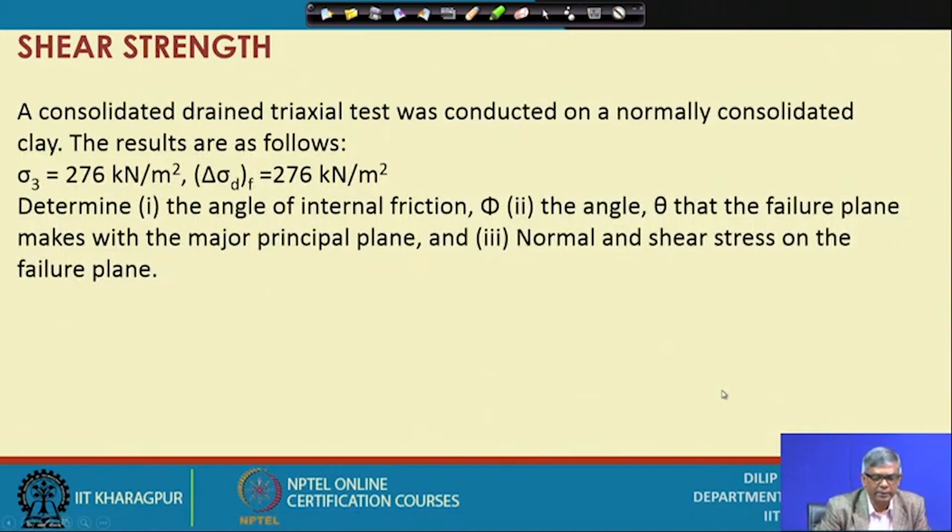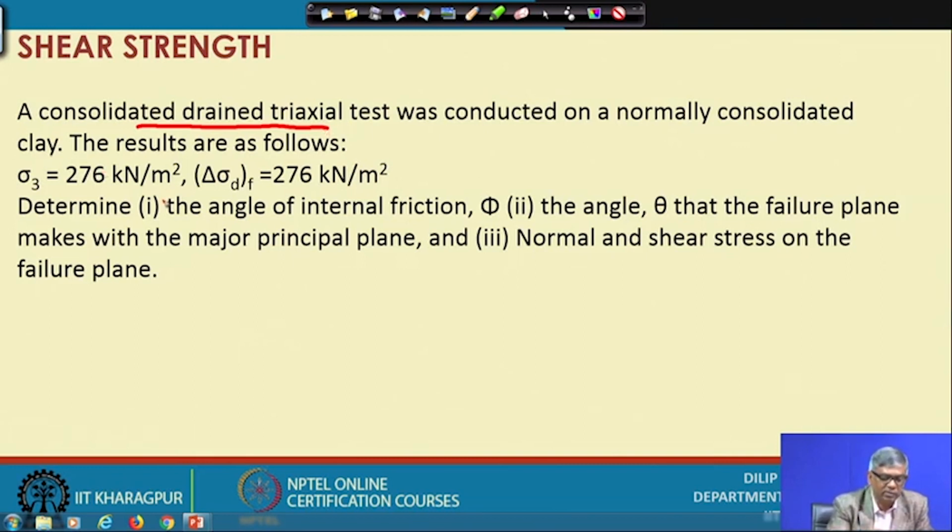And now I will take one application of this. You can see a consolidated drained triaxial test was conducted on a normally consolidated clay. So that is the one mentioned here: consolidated drained, a normally consolidated clay.